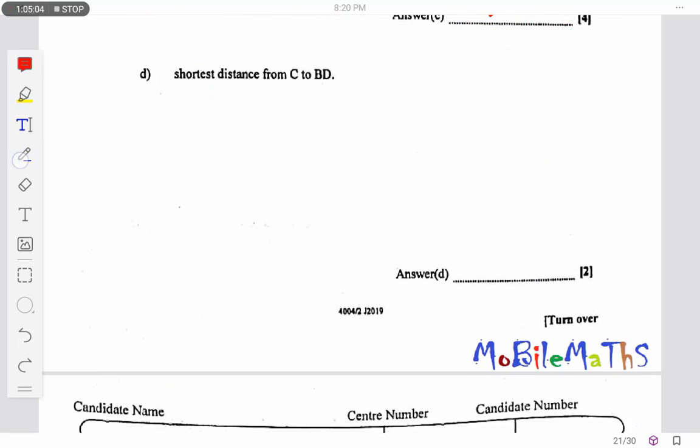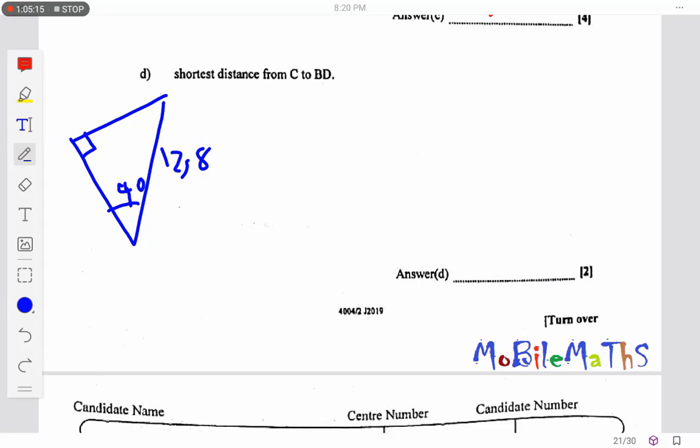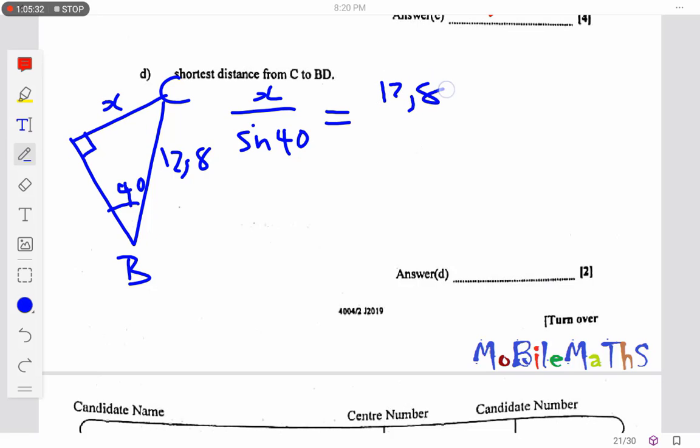Let me draw it here. The triangle we are using is this small one, with a right angle there. Here I've got 40 degrees and 12.8 here. This is my C and this is my B, and I want X. So we can use the sine rule and say X over sine 40 degrees is equal to BC, which is 12.8, over sine 90 degrees.